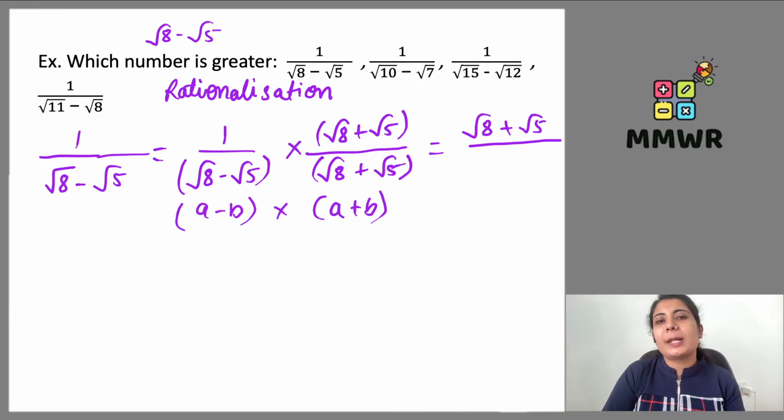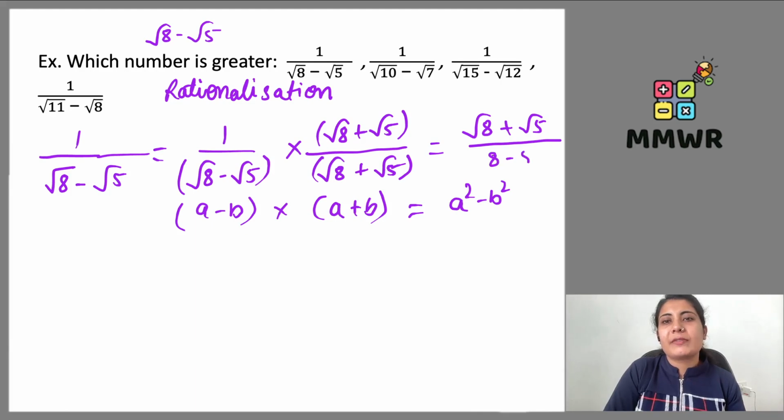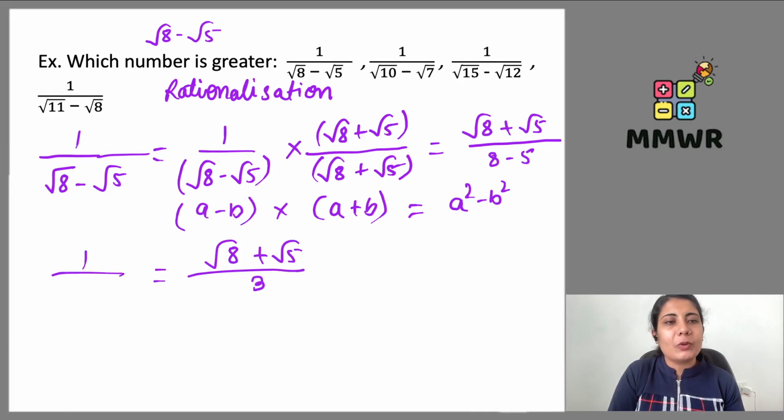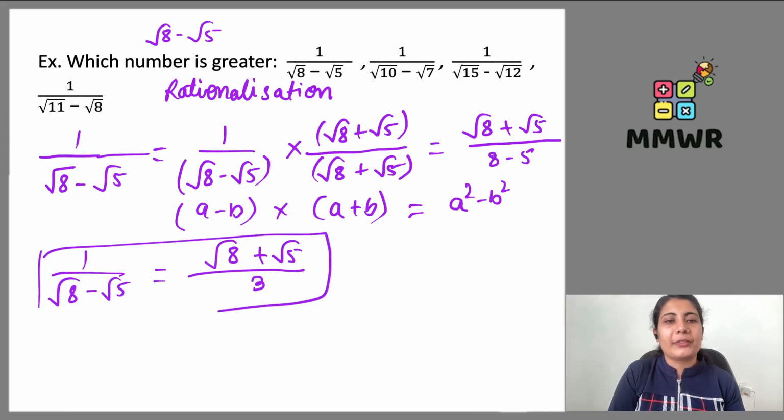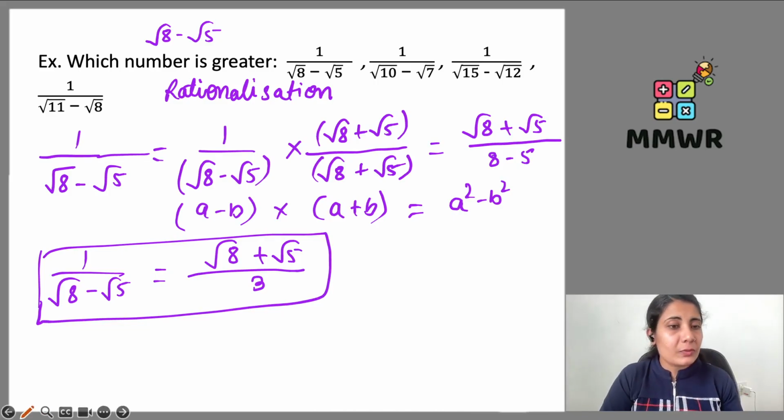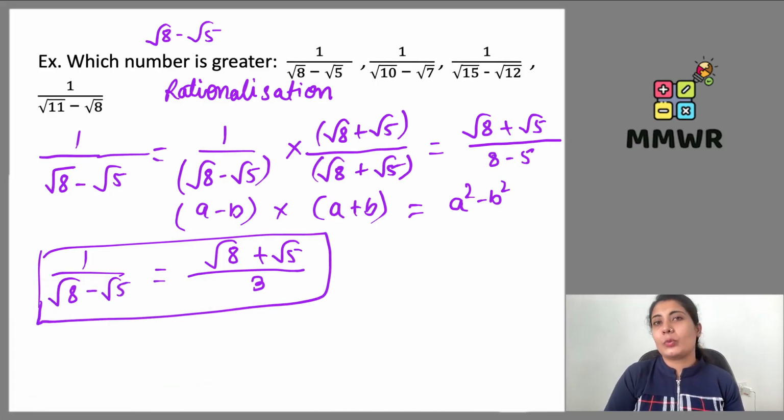So a minus b multiplied with a plus b gives me a square minus b square. That means 8 minus 5. So this gives me root 8 plus root 5 upon 3, which is the value of 1 upon root 8 minus root 5. So after simplifying the first value, we got it as root 8 plus root 5 upon 3.